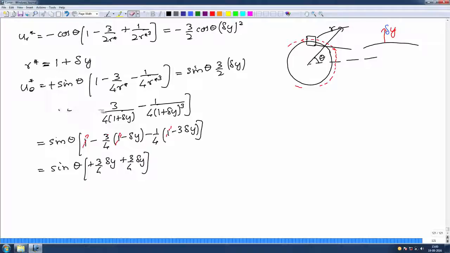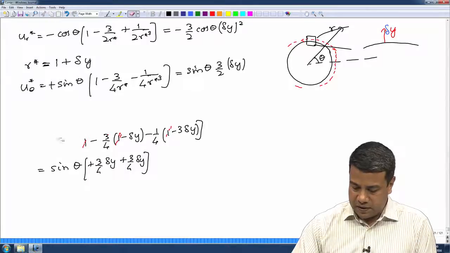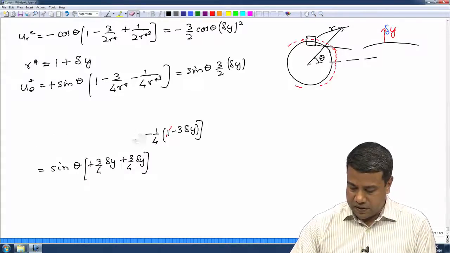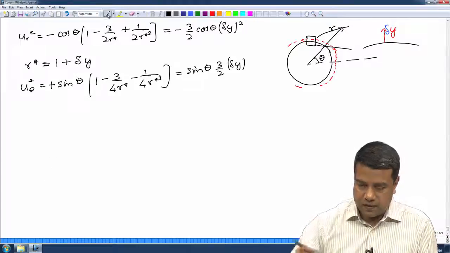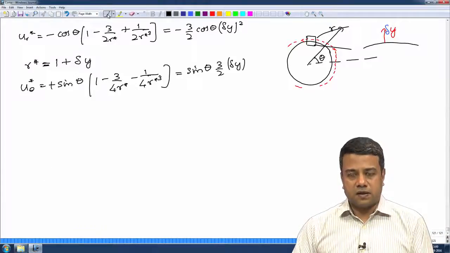And now what I need to do is to put these back into the differential equation. I have got a greatly simplified form for the velocities, which are valid only close to the surface. In the limit of high Peclet number, I am interested only in the velocities very close to the surface. So, I can use these velocities in order to find the diffusion equation.